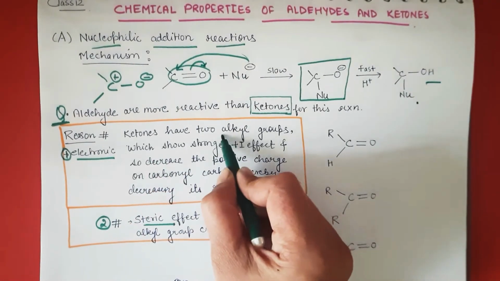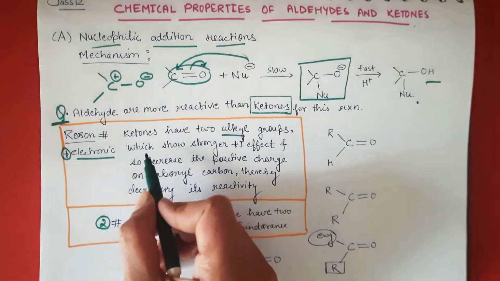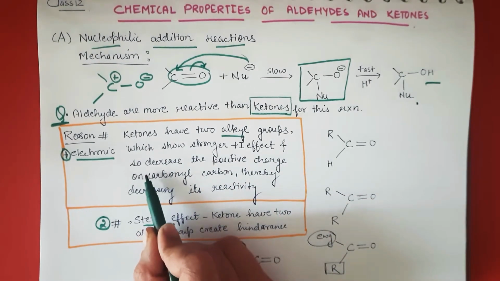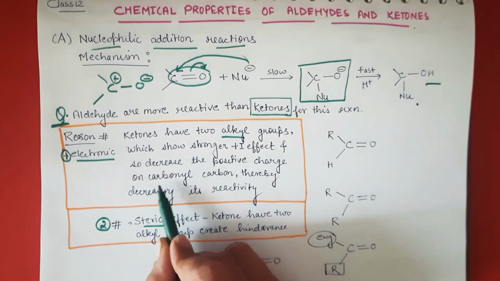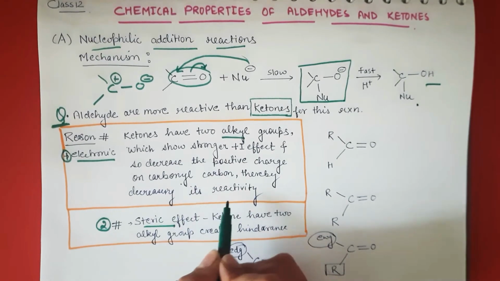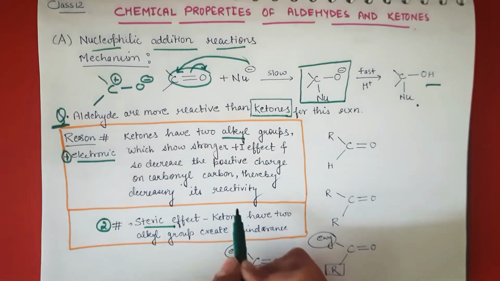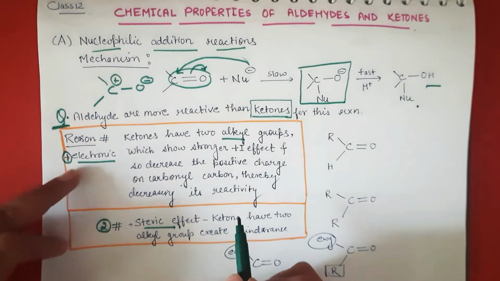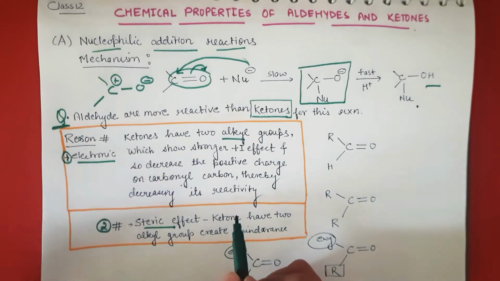Ketone has 2 alkyl groups, which show a stronger plus I effect, and so decrease the positive charge on carbonyl carbon, thereby decreasing its reactivity. So to understand this electronic reason, we have to recall the structure of ketone.